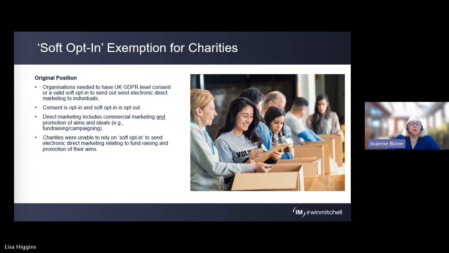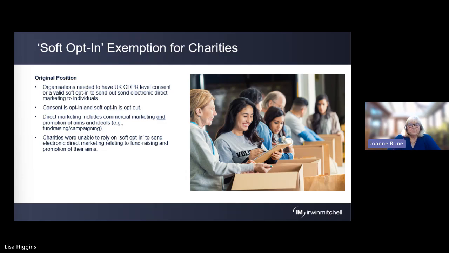It was thought prior to the Data Use and Access Act that essentially charities and commercial organisations, there wasn't a level playing field, and that commercial organisations were in an easier position, because if a commercial organisation wanted to promote their goods and services, they could either do it via consent, which from a GDPR, UK GDPR level, is not easy to obtain, or they could use a soft opt-in, which is essentially, oddly considering its name, an opt-out approach to direct marketing.